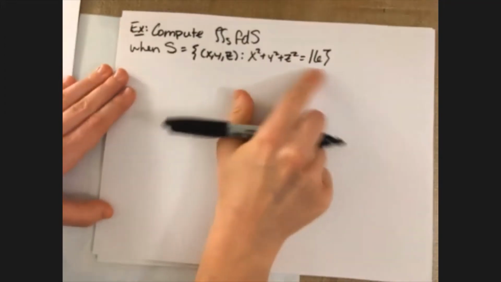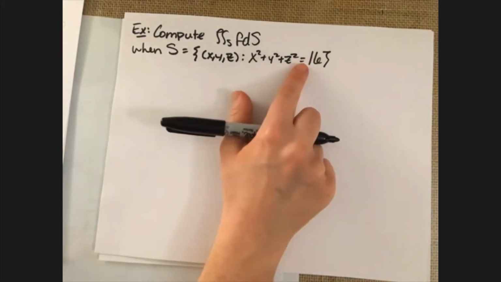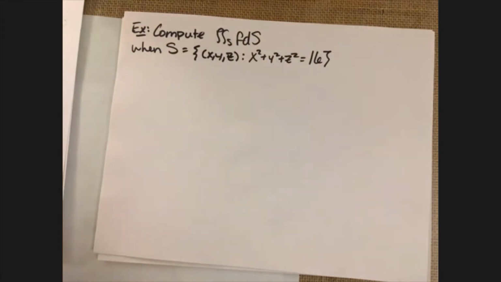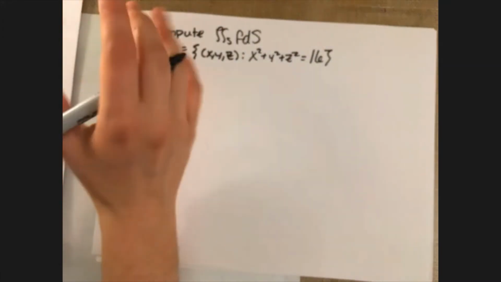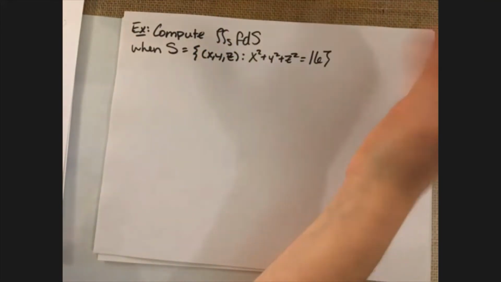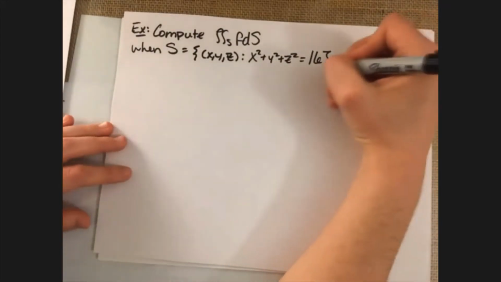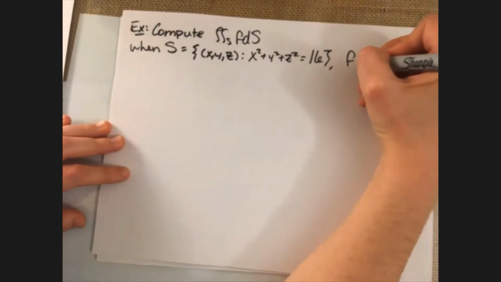Notice that this is equal to 16 and not less than or equal to 16. If it were less than or equal to 16, we would get the inside of the sphere. But since it's equal to 16, we only care about the outside of the sphere. So it's just kind of like a balloon that's been blown up, basically, is the way to think about that. And in this one, we're going to have our function be identically equal to 1.